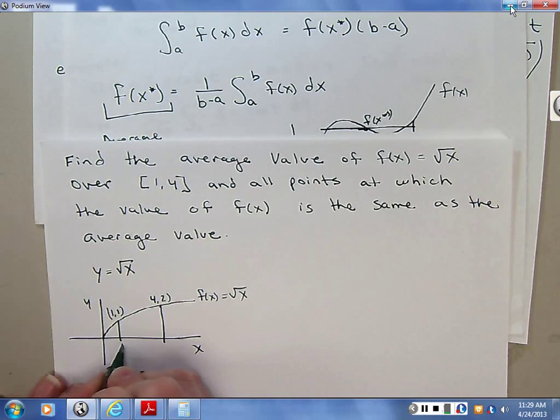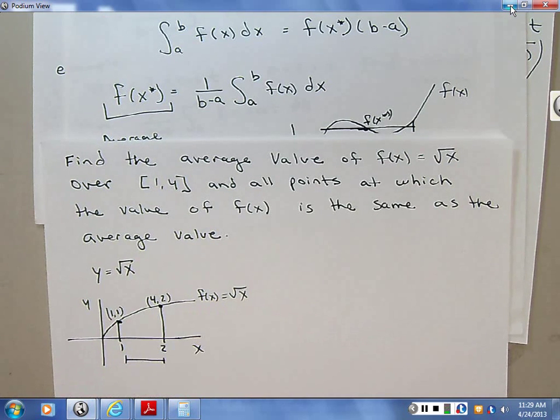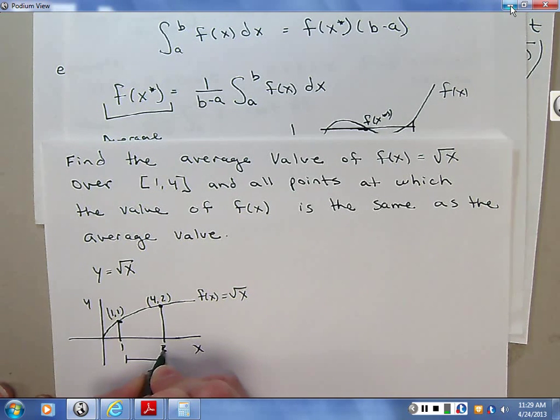So if this is 1 and this is 2, and this is y equals 1 and this is y equals 2, my average value has to be between 1 and 2. Make sense? My point in which my function equals the average value has to be between 1 and 4. That should be 4. Sorry, 1 and 4.